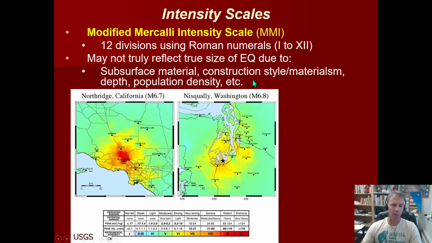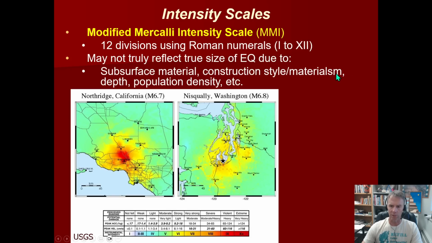Other factors that might come into play could be the subsurface materials, areas that have solid rock under them versus areas that are underlain by soft sediment, or might be a high groundwater table where the shaking is actually enhanced and becomes much larger. Could be the construction styles of the buildings and infrastructure in these urban environments. I got a typo there.